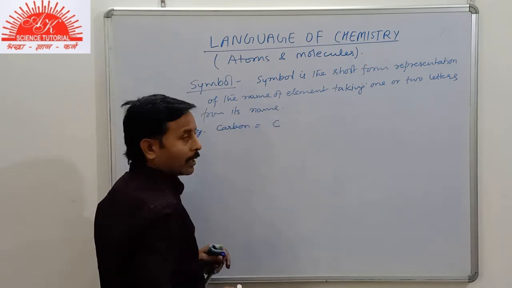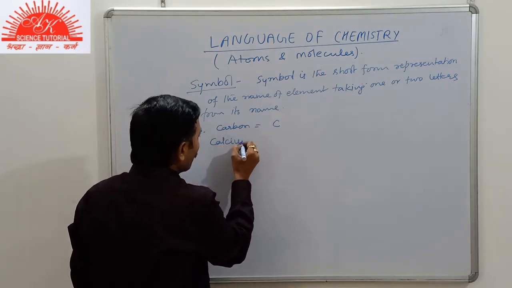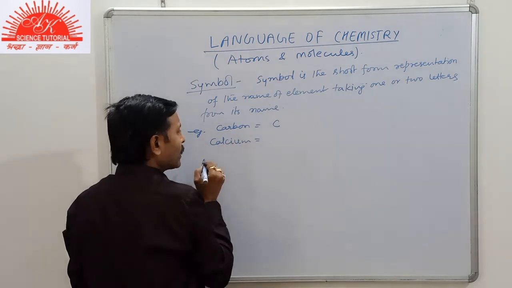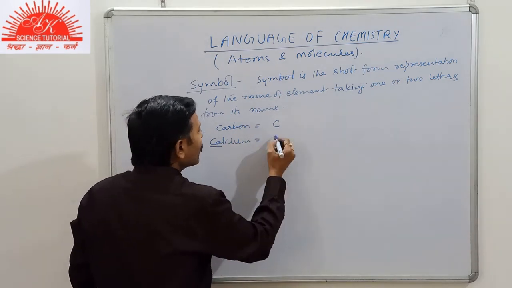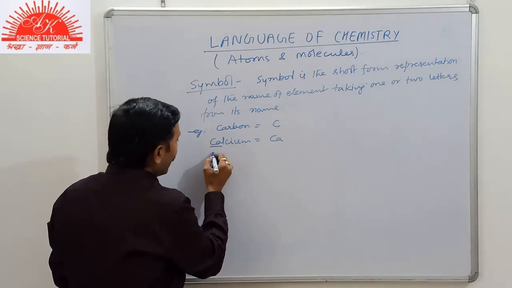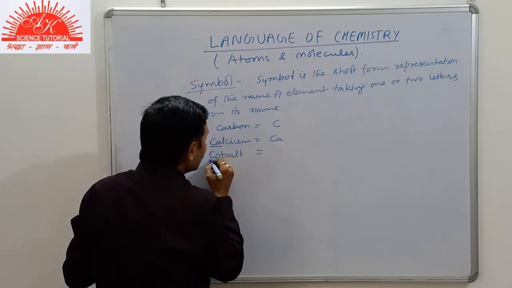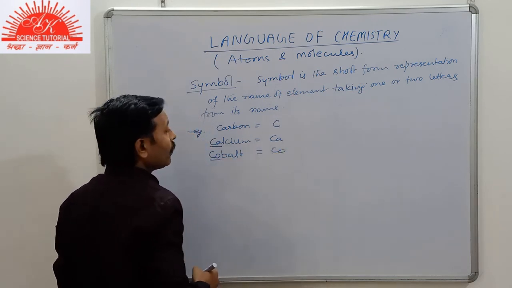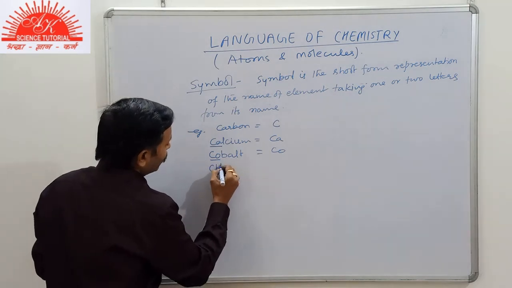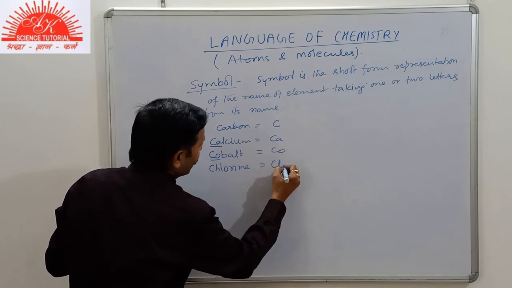Now you see, for example, there are many elements. Suppose we have carbon, then its symbol is taken as C. Suppose we have calcium, then since we have used the letter C, we will take here Ca. Now suppose we have cobalt, we take Co. If we take, suppose, chlorine, it is represented by taking this one.